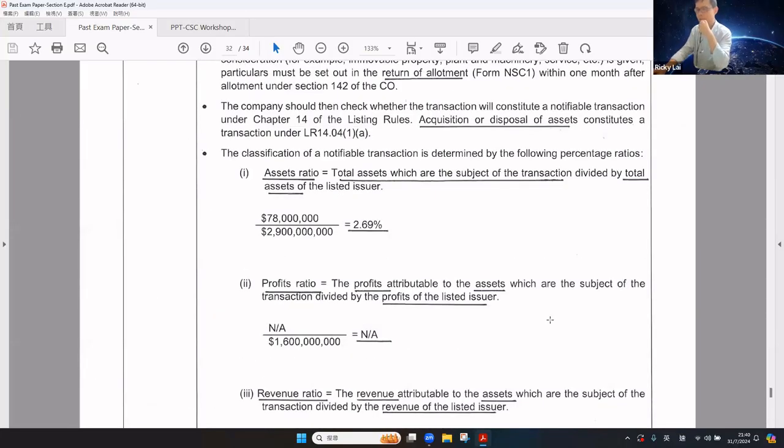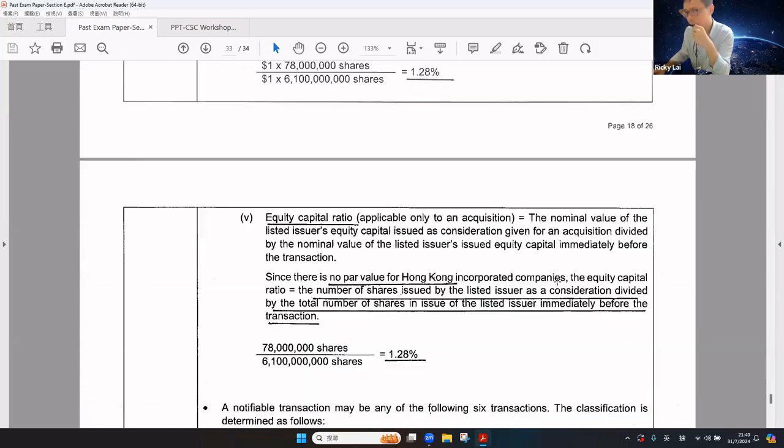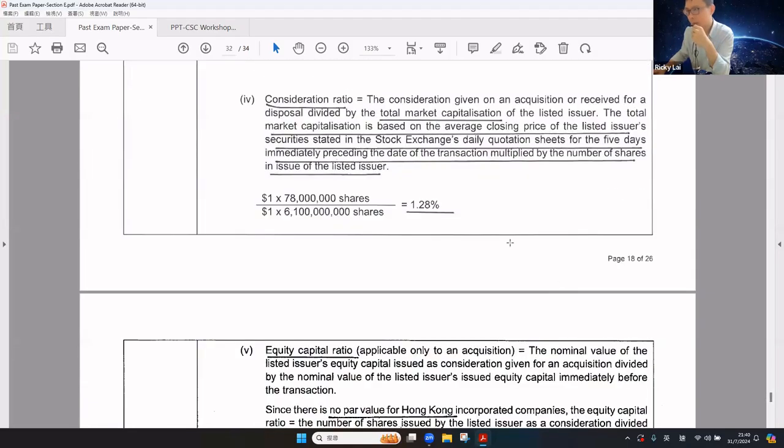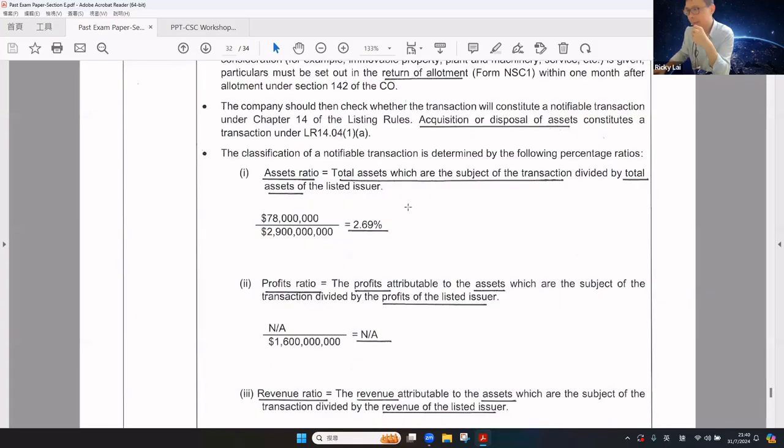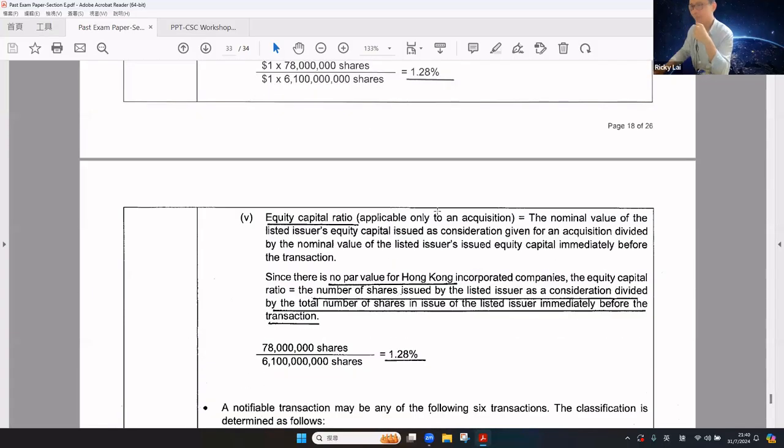So what is the implication to the transaction? 2.69%. However, unlike the cash consideration, since the new issue of shares is the consideration for the transaction, the equity capital ratio applies, because a Hong Kong company has no par value, so the aggregate capital is the number of shares issued by the company as a consideration, divided by the number of shares in issue.